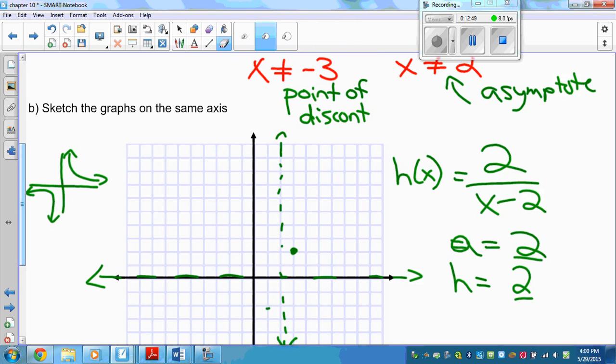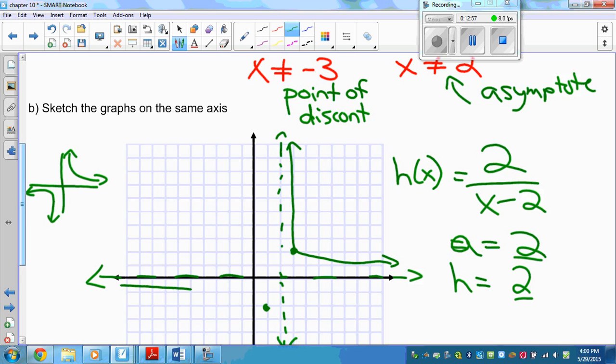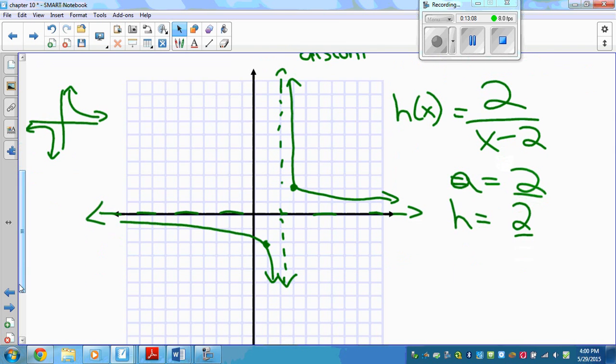That's given us just about all the information we need, and now I can draw the graph. And remember, this is just a sketch. It's not a very good drawing. We could find actual points if we wanted to. One other thing is missing. We have a point of discontinuity at negative 3. So when x equals negative 3, we should have a point of discontinuity, an open circle right there.